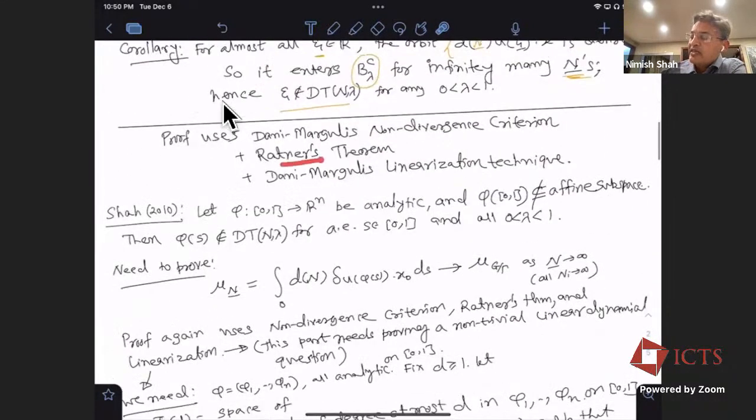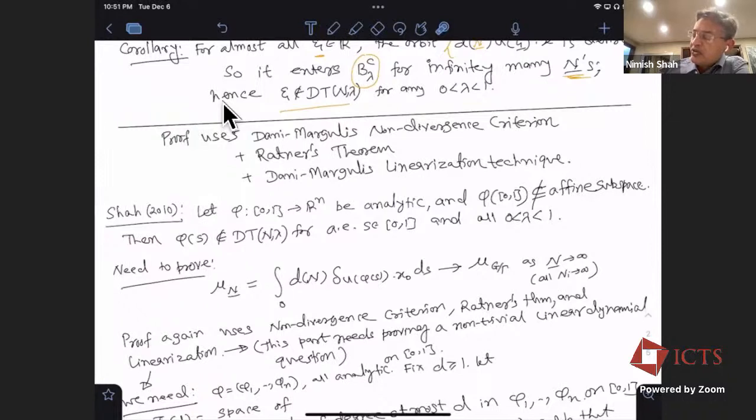Then you can apply Ratner's theorem, which would tell you that the limit measure lives in some kind of analytic subvarieties of G projected on G mod gamma. And there is another criterion due to Dani and Margulis, and I also developed part of it in my thesis, which I wrote under Professor Dani and Professor Raghunathan.